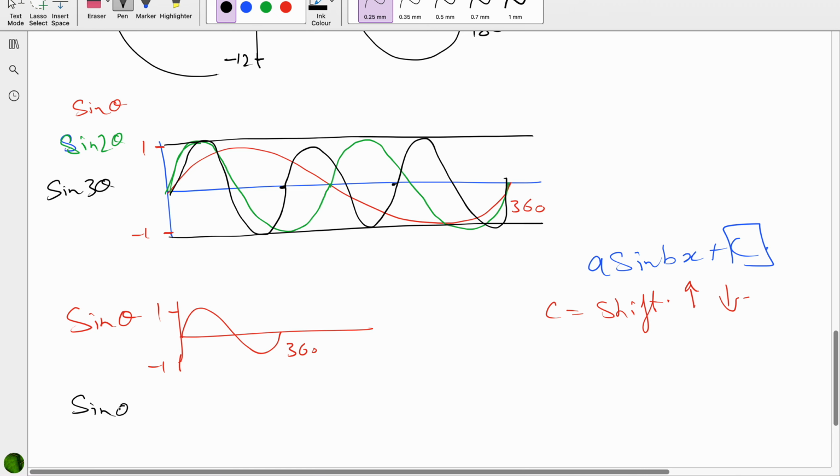But if I say sine theta plus 1, I should take this graph 1 unit up. So all the points, when you raise them by 1 unit, this is what you get. This new graph is sine theta plus 1.